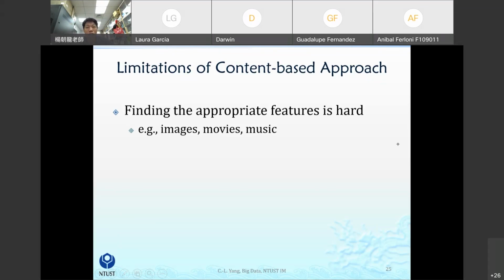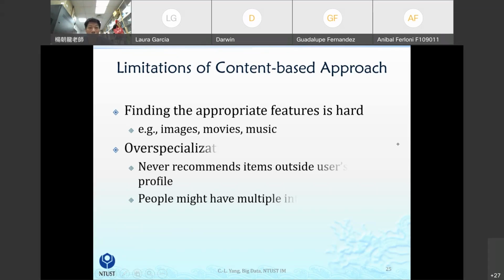If nobody really does the tagging, that means we are not able to describe it. And movies also. A movie is usually one or two hours long, and how do you describe its features? It's a two-hour movie with so many elements, and how do you extract them? Okay, so that's some kind of difficulty.